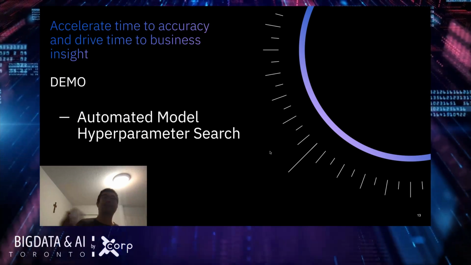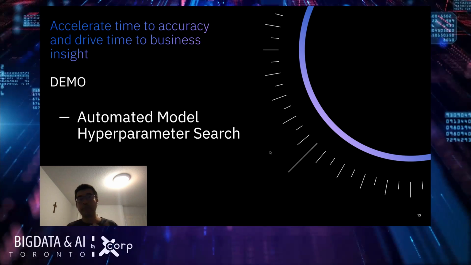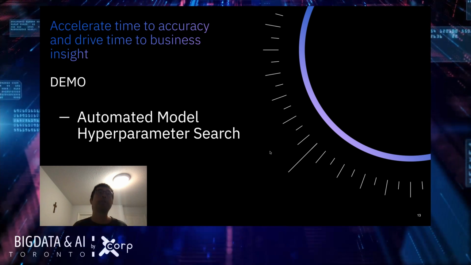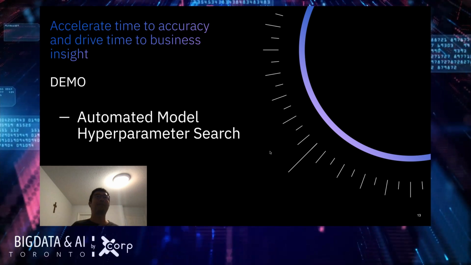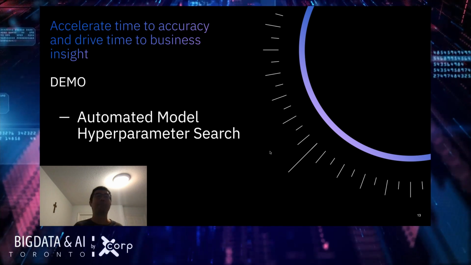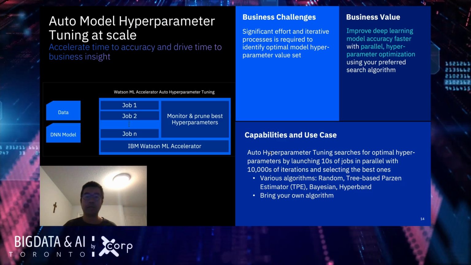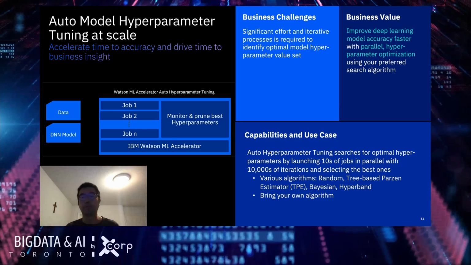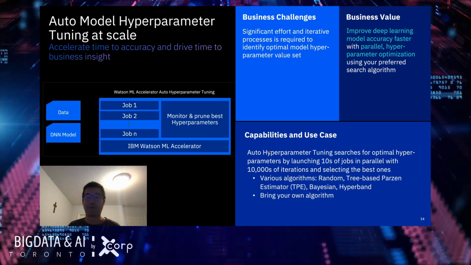Now let's move on to the next demo and see how Watson Machine Learning Accelerator automates model parameter search, which can help business accelerate time to accuracy and drive time to business insight. So what is a hyperparameter? It's a value that controls the learning process of a neural network.